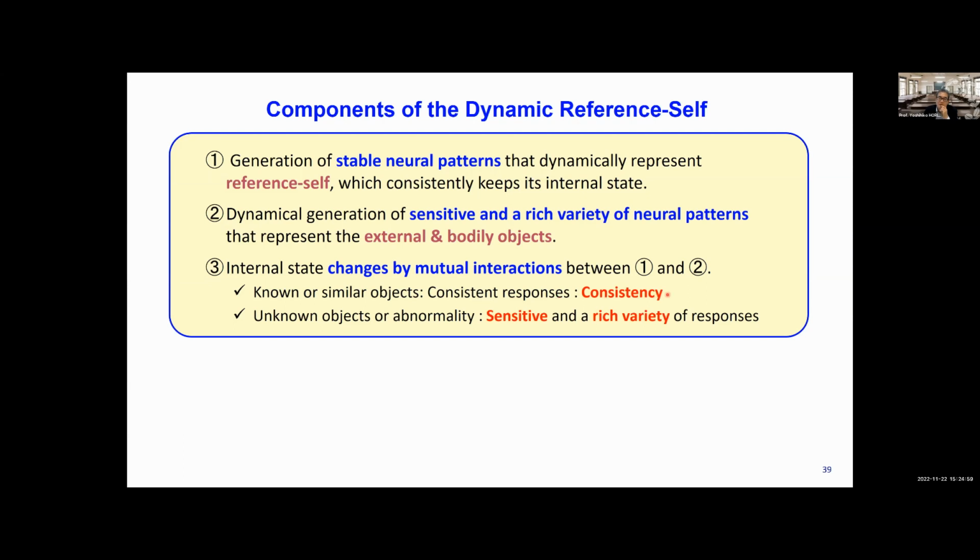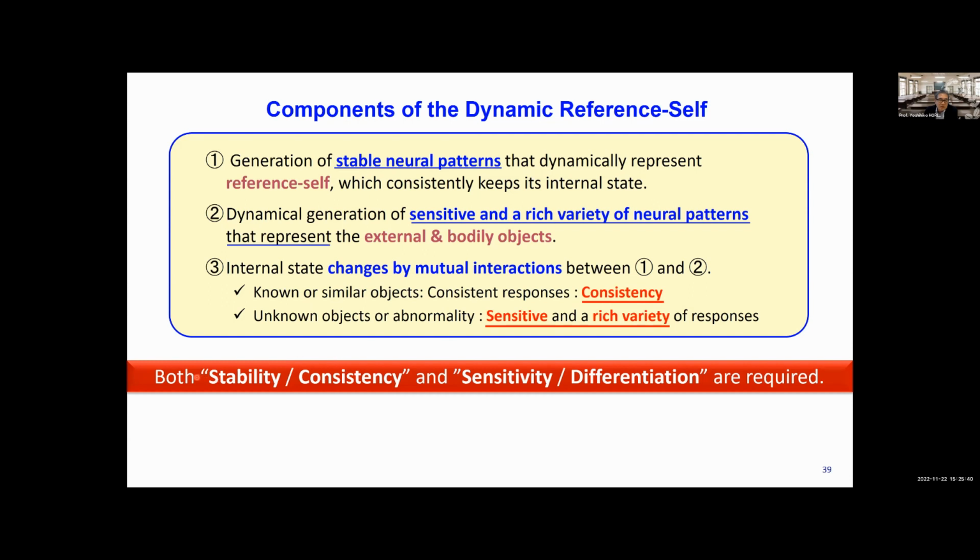If the objects are unknown, or situations abnormal, the brain has to respond sensitively and with a rich variety of representations, because we don't know what exists outside of the brain, in the environment. However, consistency and sensitiveness are actually contradictory properties. Anyway, we need both stability, consistency, and sensitivity, differentiation, at the same time.